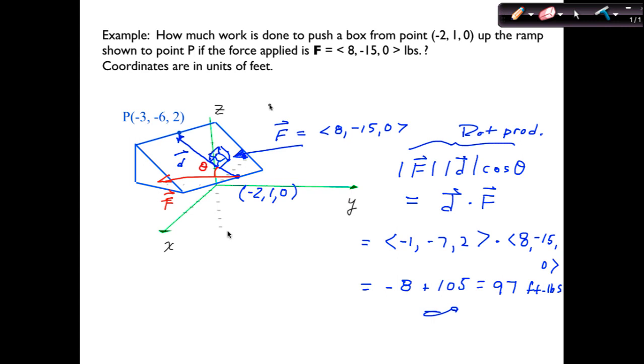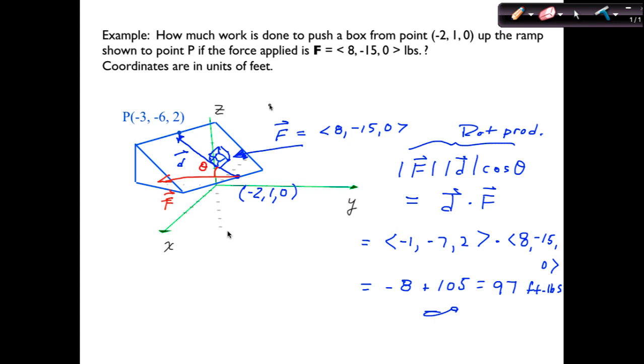How can I find that angle now? It doesn't have to be a work problem anymore. I've got two vectors, I know what they are, and I want to know what the angle between them is if I put them tail to tail. So how can I do it?